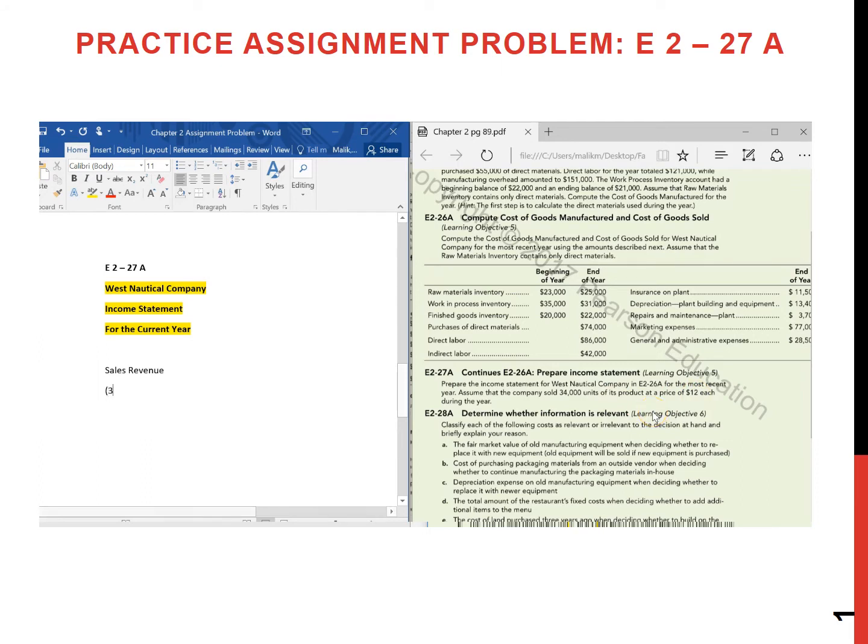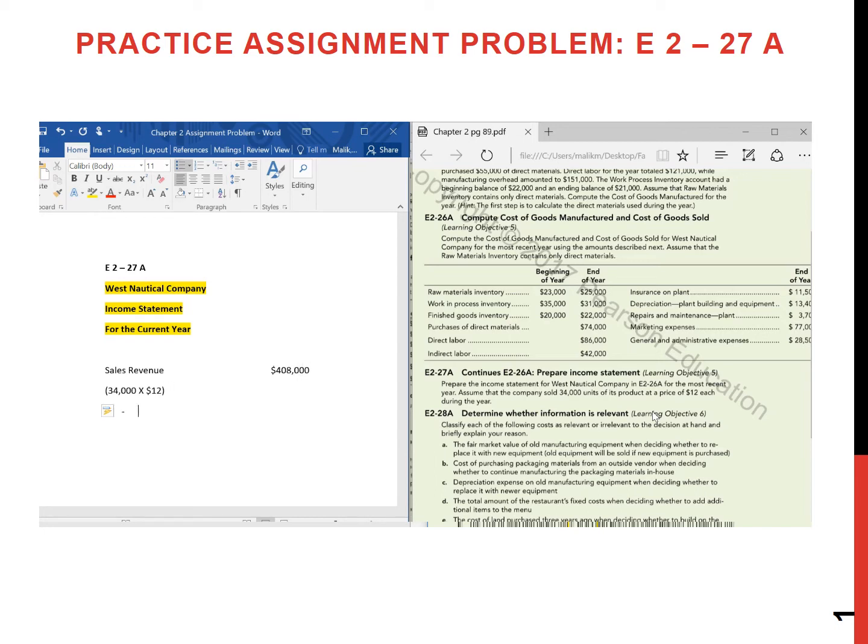So we will multiply these two, 34,000 and $12. So this is how you will find your total sales revenue, which is, if you use your calculator, you'll find it's 408,000. So this is our sales revenue.